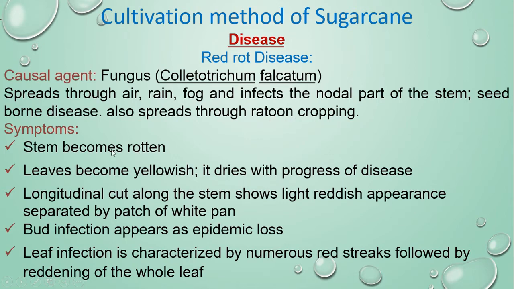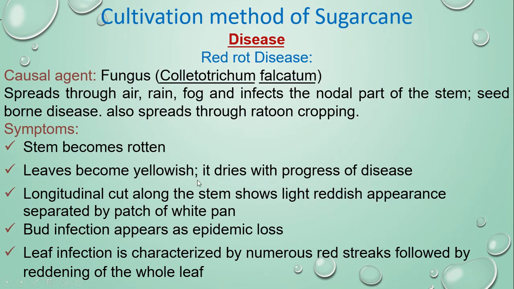So what are the symptoms of red rot disease? From the name we can understand that the stem or the plant becomes red and rotten in the red part. So the stems become rotten due to the attack of this fungus.